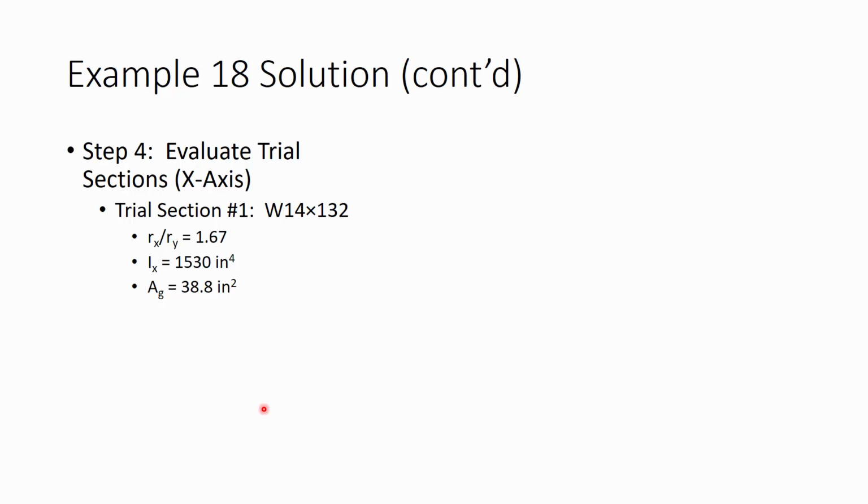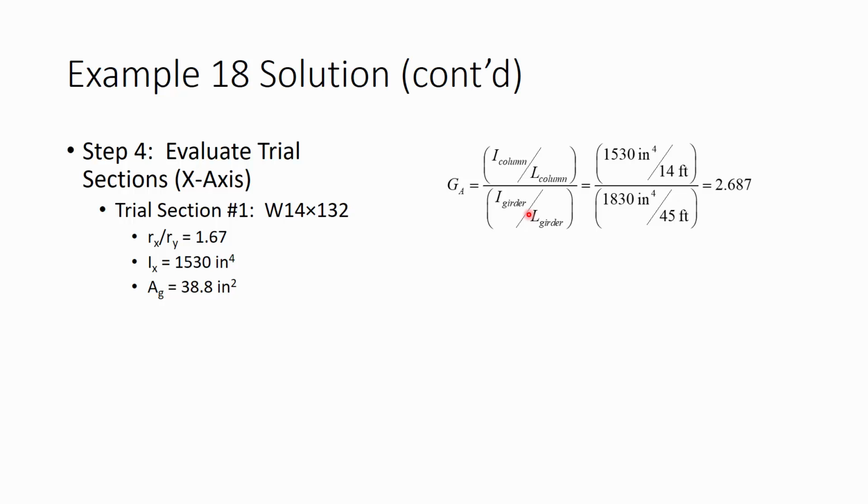I just went ahead and copy and pasted the basic info, or the section properties for this column: the rx over ry, the Ix, and then the area. In order to compute K, because that's really what we're after, we have a few calculations to do. The first thing we've got to do is compute that G value. So we take the I over L for the column and the I over L for the girder.